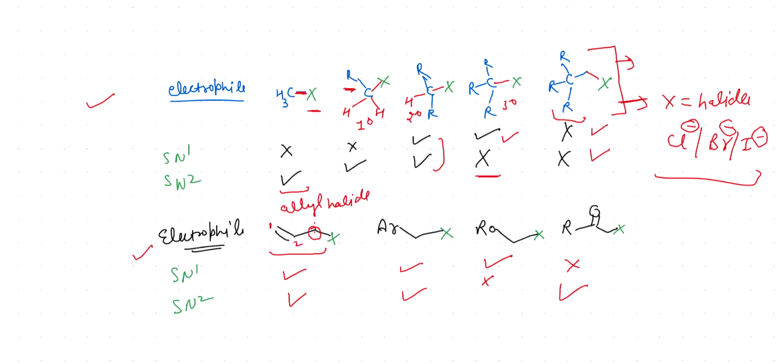Then this third carbon is known as the allylic carbon and this whole group is known as the allyl group. It is attached to the halogen, therefore it is known as an allyl halide. It can undergo both the SN1 and SN2 mechanisms. Let's first of all discuss this allyl halide.